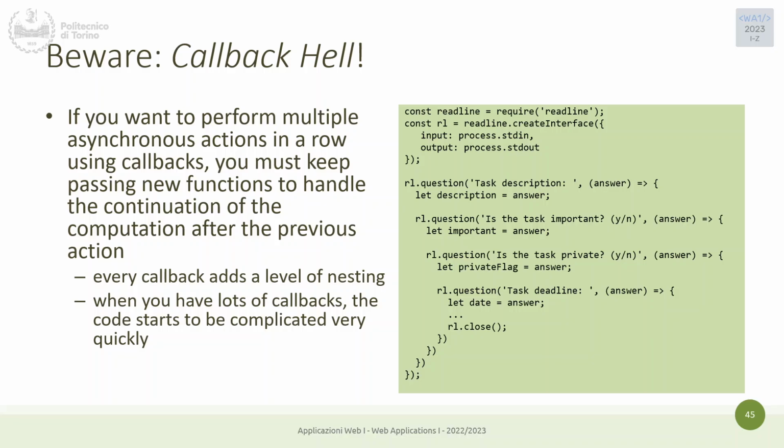And you see, when you start using many callbacks, the code starts to become a bit complicated because you are nesting a lot of code, and this is something that you typically don't want.